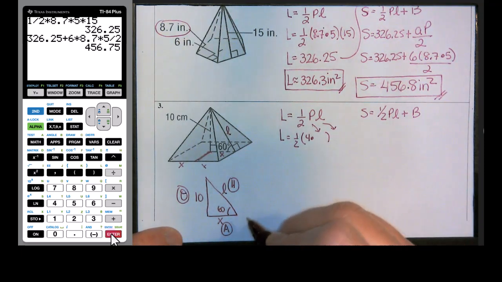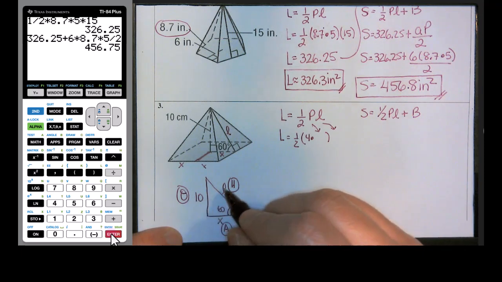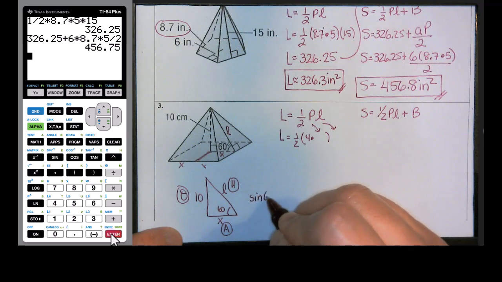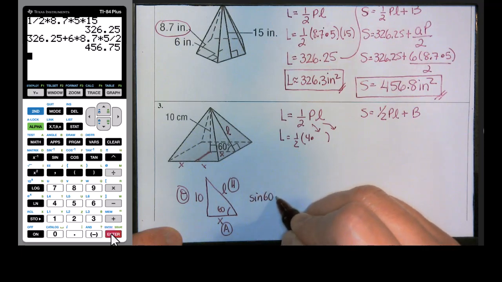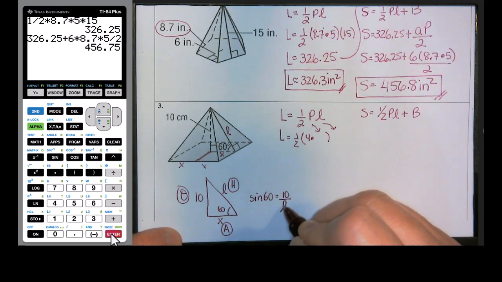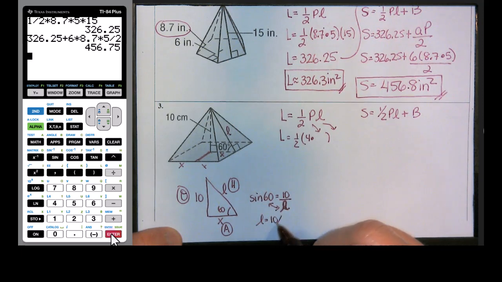So let's go ahead and find both L and X. To find L, I'm going to use O and H, so this would be sine. So sine of 60 equals 10 over L. Then we're going to switch this, so L equals 10 over sine of 60.